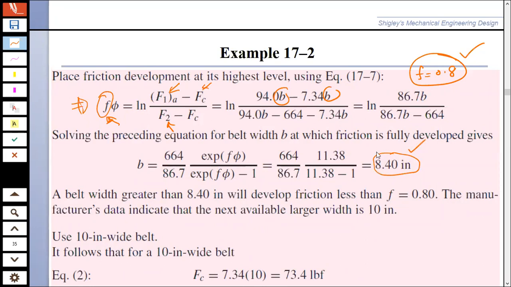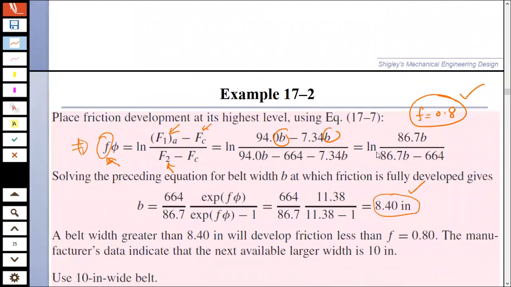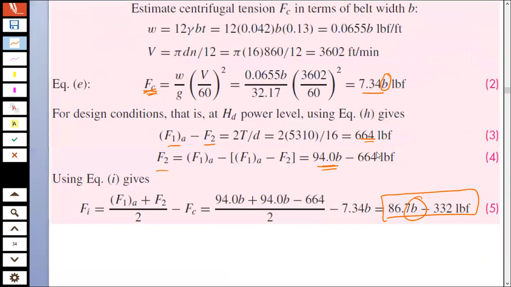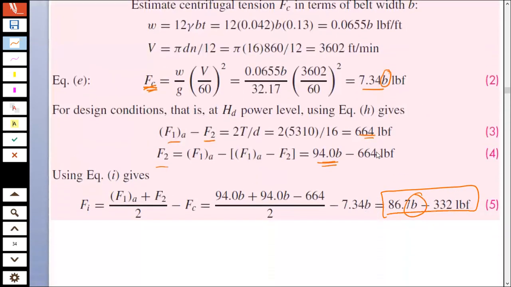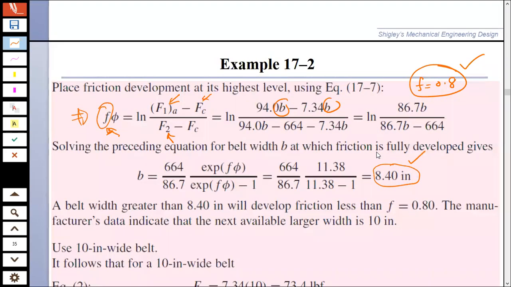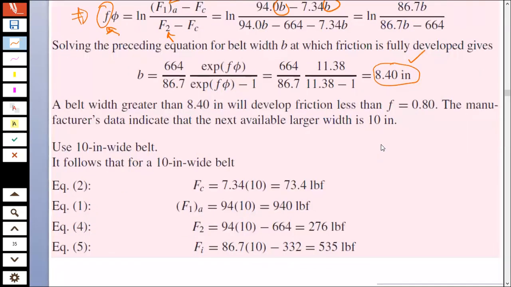Now you can go back and put the value of the B that you just calculated from this 17-7 into all your equations and you will find your Fi, F1, Fa and so on. But here is one thing: the value that you just calculated, is this a standard value? If this is available with the manufacturer, you should go with it.